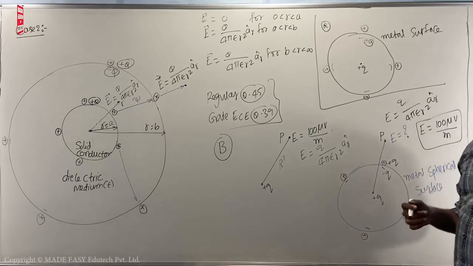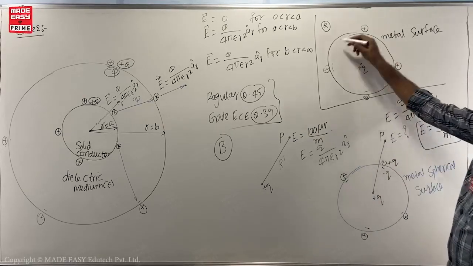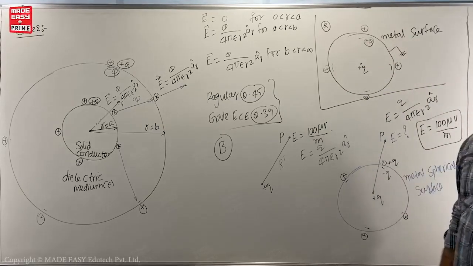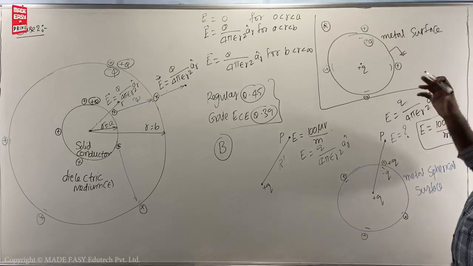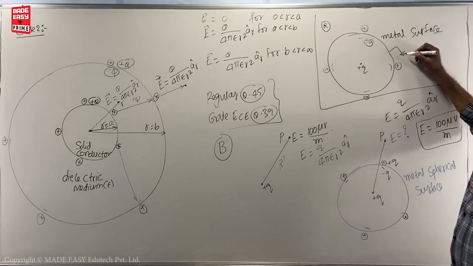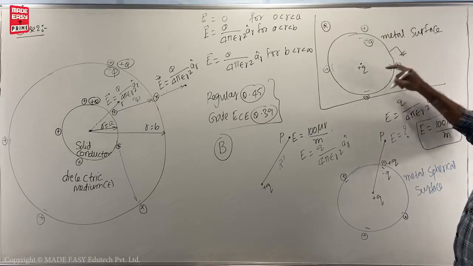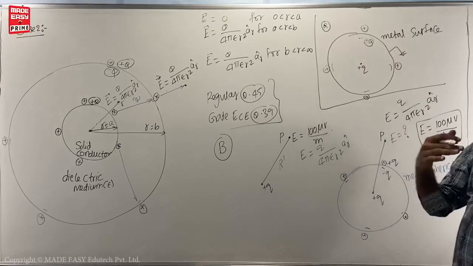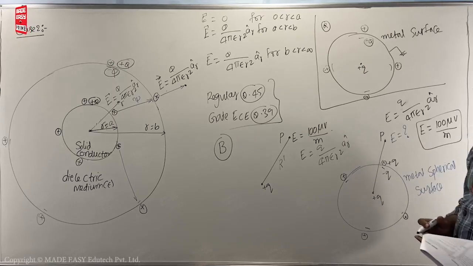Now the question is like this. If there is a Q charge, and around the Q charge a grounded metal surface is kept, then what will happen? The answer I told you now: the ground can supply electrons. This positive attracts this negative, and they are interacting.